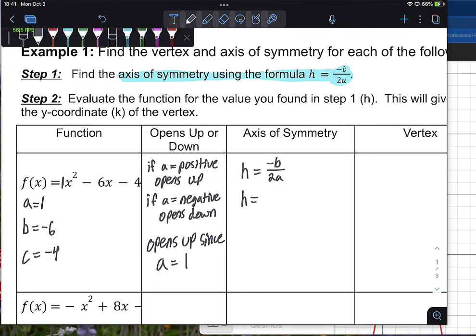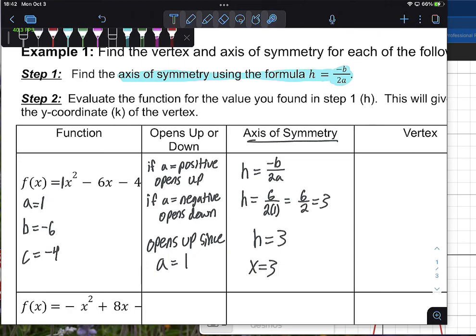Well, what's the opposite of negative 6? Positive 6. And then 2a is just that right there, so it's going to be 2 parentheses a. And that's just equal to 6 over 2, which is equal to 3. So in this case, my h is equal to 3, or my axis of symmetry is x is equal to 3.